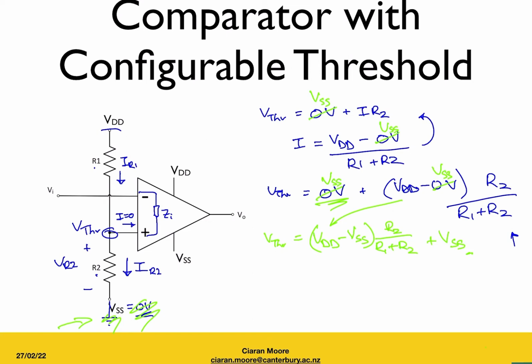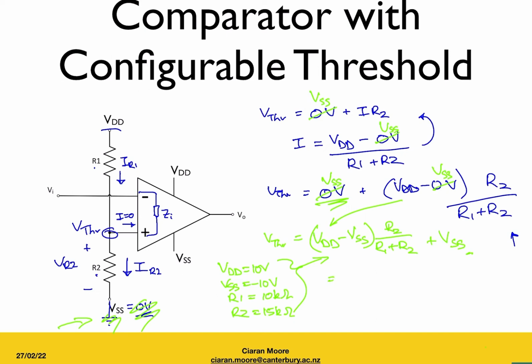when we are not connected to ground at that VSS point. If we now take some values and put them in, let us say that VDD is equal to 10 volts, VSS is equal to minus 10 volts, R1 we will make equal to 10 kilo ohms, R2 let's make 15 kilo ohms, and we can put these numbers into this equation here.